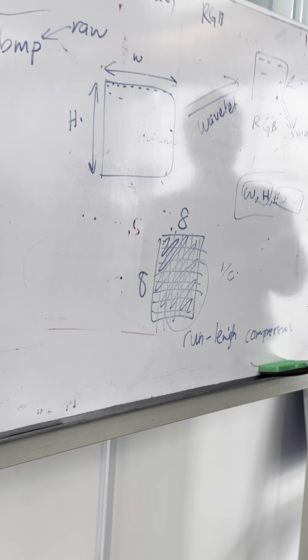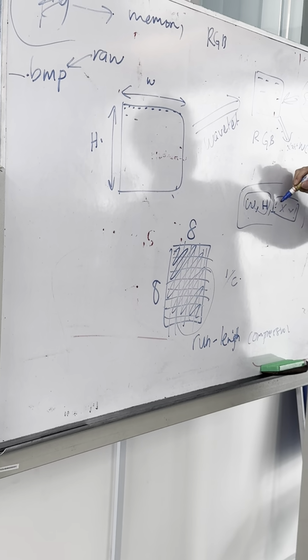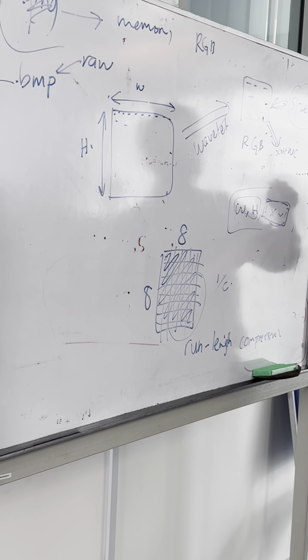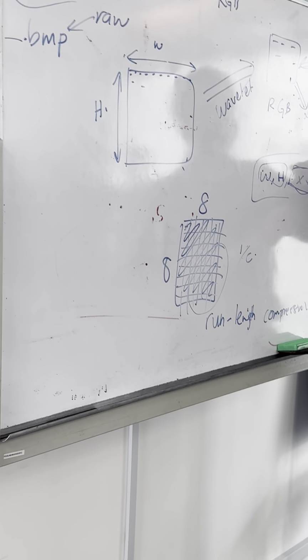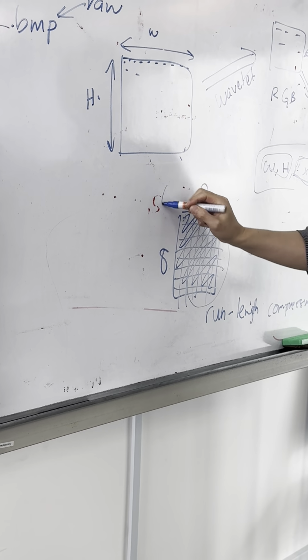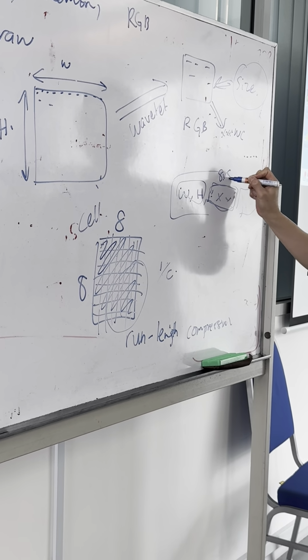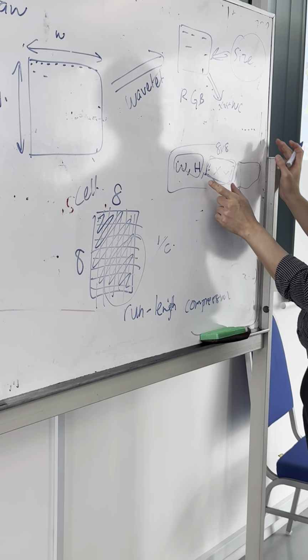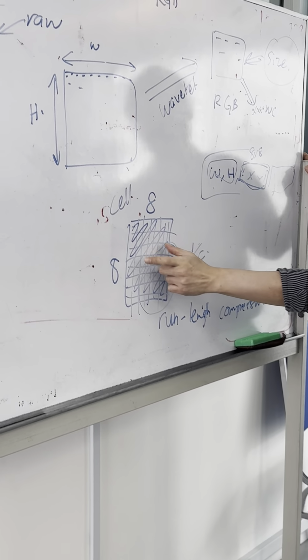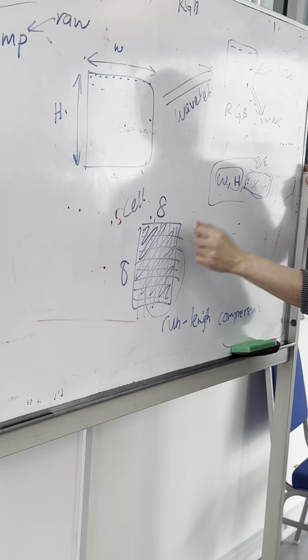So this is the first pixel, the data, and the second pixel, the second cell. I call this an 8 by 8 cell. But you don't save all the 8 by 8. You save only some, because it is run length.